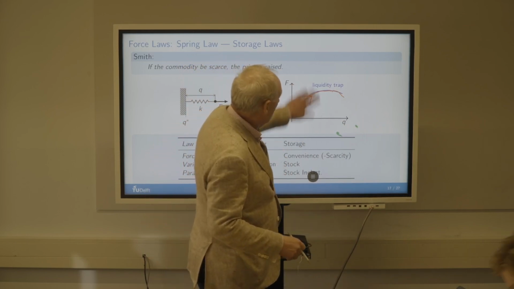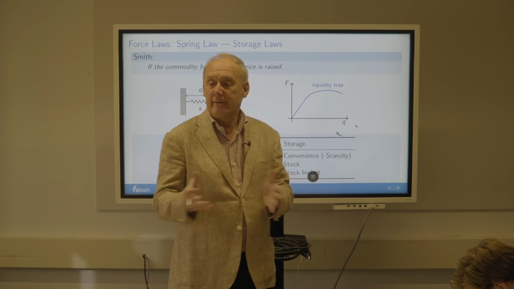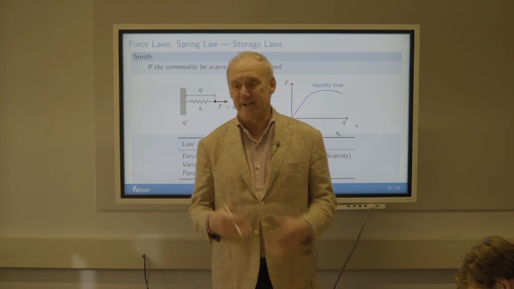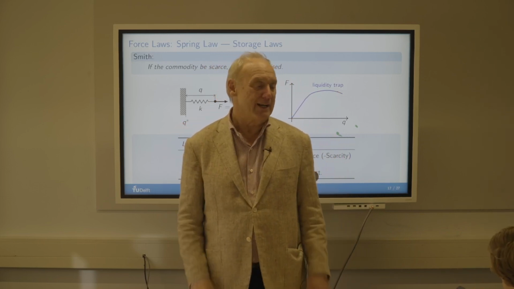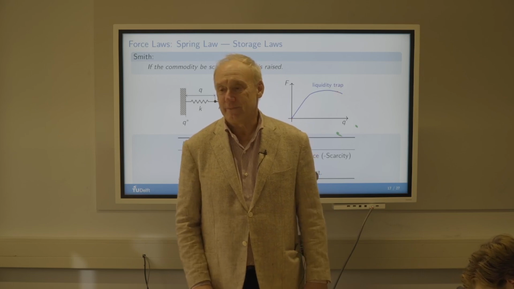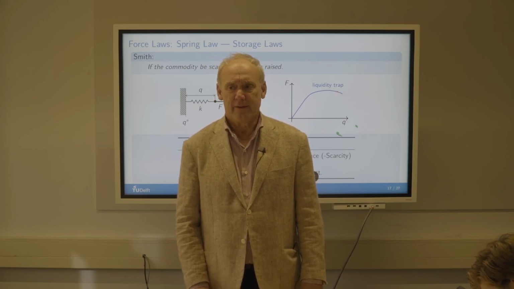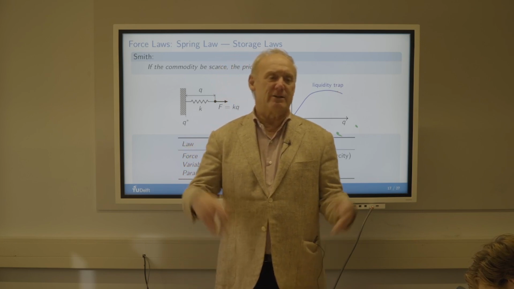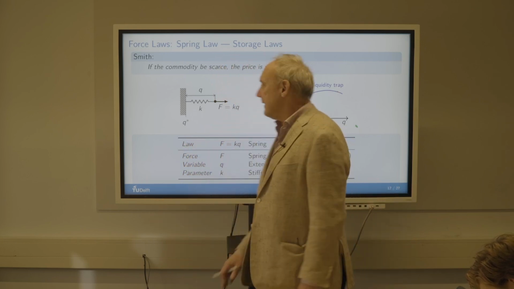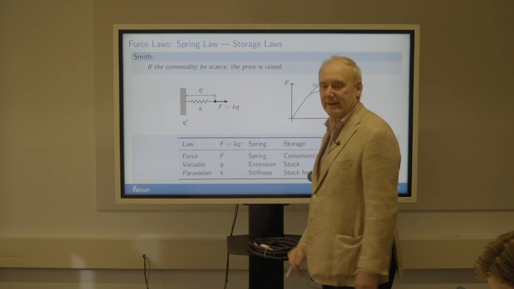So for small changes in the stock, the convenience or the scarcity you measure will be linear with that. It will depend on it in a linear fashion. But when you get huge amounts, you don't care that much anymore.